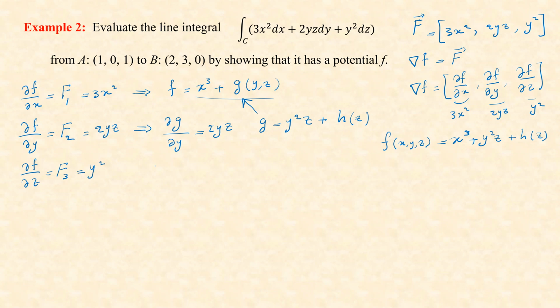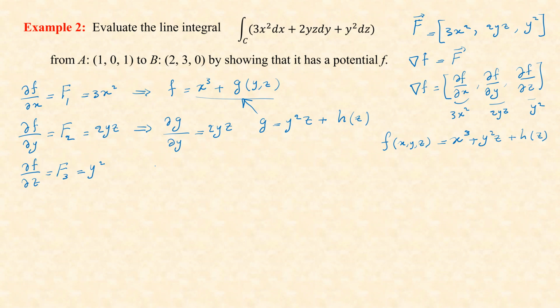Professor, I'm confused. So I get the idea that when you integrate, you have to add the constant. I'm confused why the first one is like g of y and z, and then the second one is just h of z. Where are we getting those from? And then why does g equal y squared z?